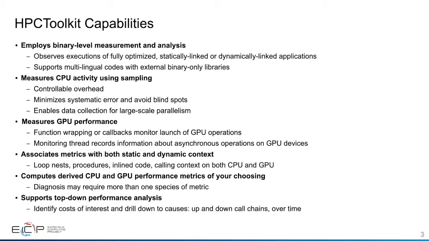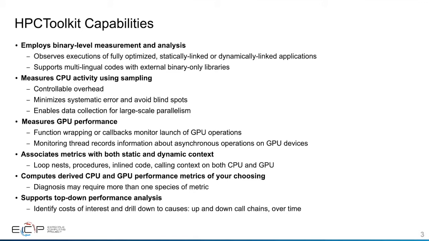So HPCToolkit, in addition to measuring the CPU, can measure the GPU as well. And to do so, it either uses function wrapping, where we're wrapping functions in the GPU API, or if we have CUDA or HIP, the tracing frameworks provided by AMD and NVIDIA provide callbacks that enable us to monitor GPU operations.